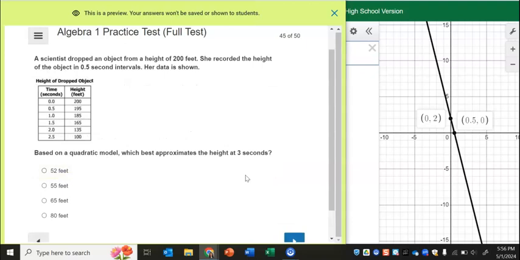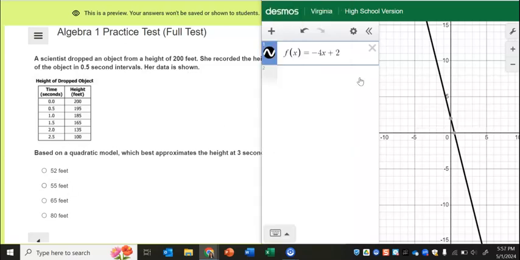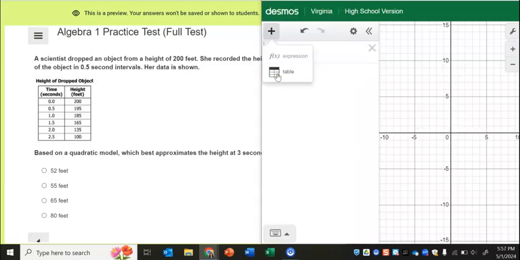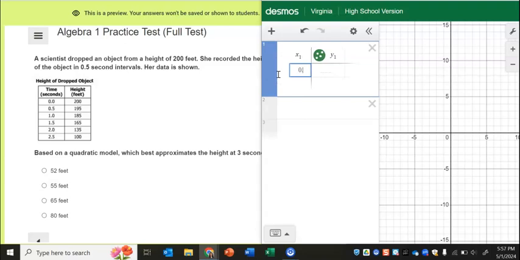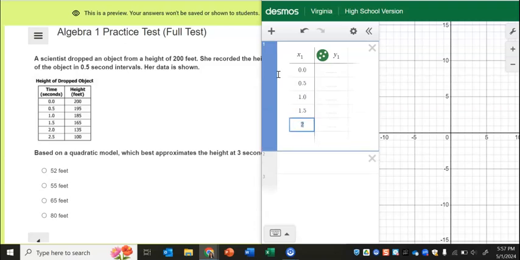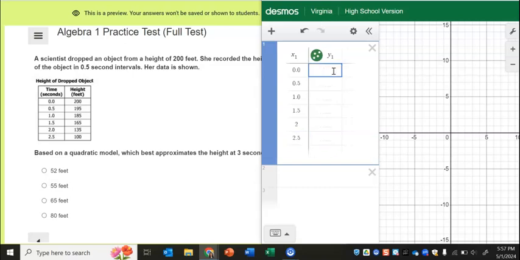A scientist dropped an object from a height of 200 feet. She recorded the height of the object at 5-second intervals. Her data is shown. So I see a table. I'm going to just start off by putting it in here. 2 and 2.5, 5-second intervals.